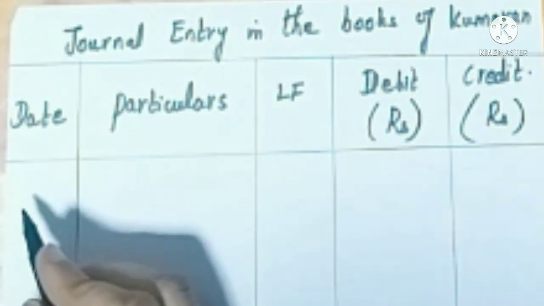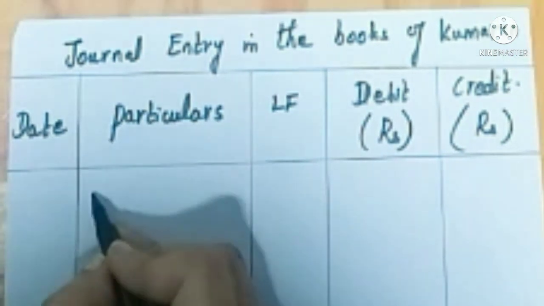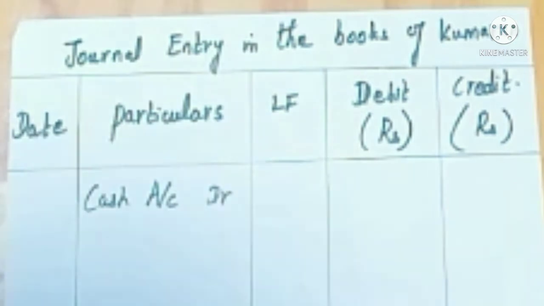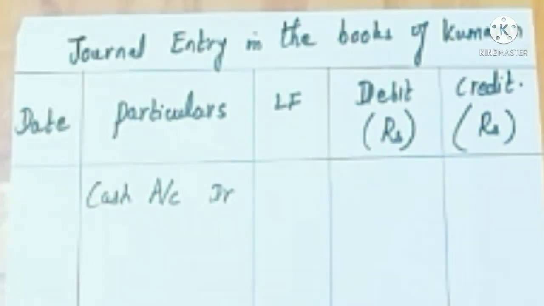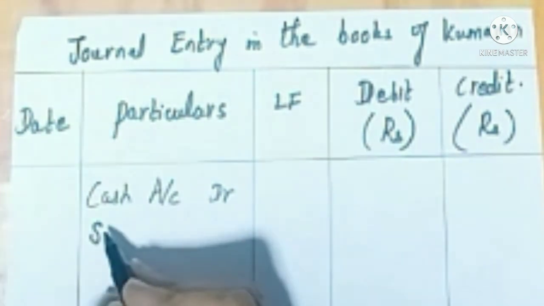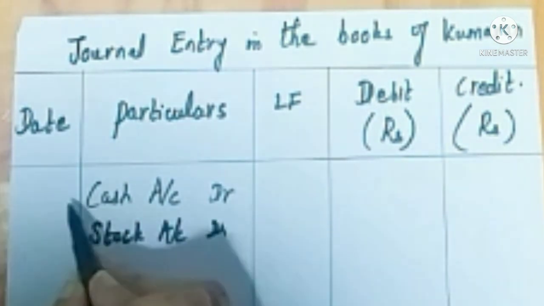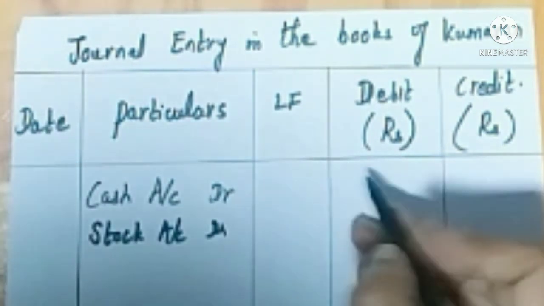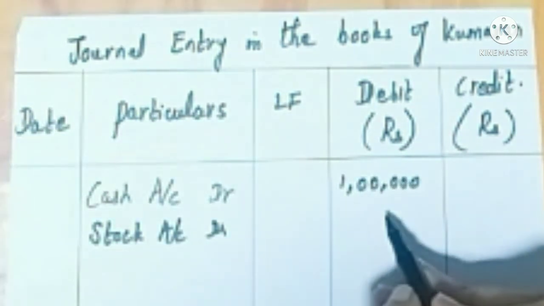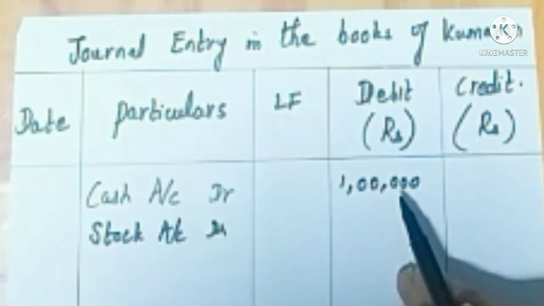So the entry is: cash account debtor. Stock account debtor. Cash is 1 lakh rupees. 1 lakh is debited because increase in asset should be debited.